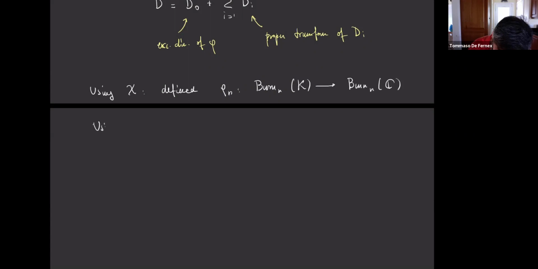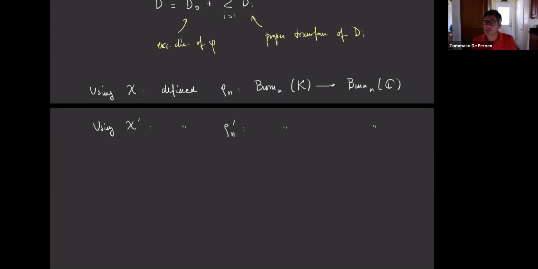Now, if I use instead the model X prime, we're going to define a similar map. Let me just denote it by rho prime. It's still a group homomorphism from the same groups, but it uses now D prime instead of D in the definition. So we need to check that we are defining the same map.